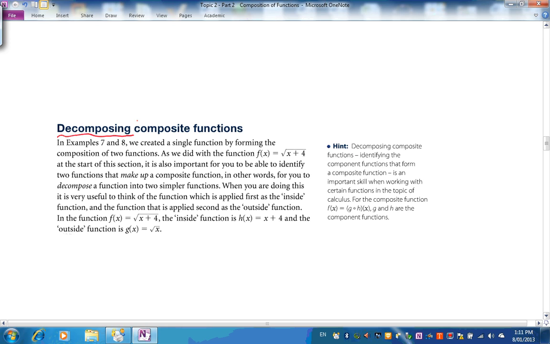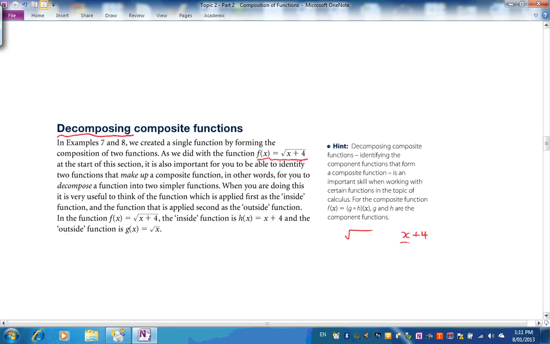Decomposing composite functions means breaking them down, breaking the composition down, reversing the composition, and trying to actually see what the two parts are. So here let's go back to this one. To get that function, what are the two parts? Well, there's the square root of x plus 4.